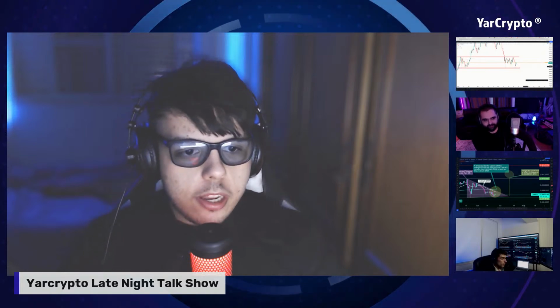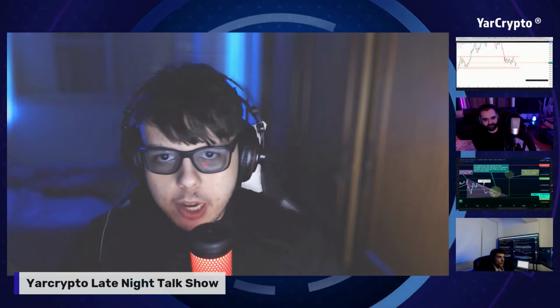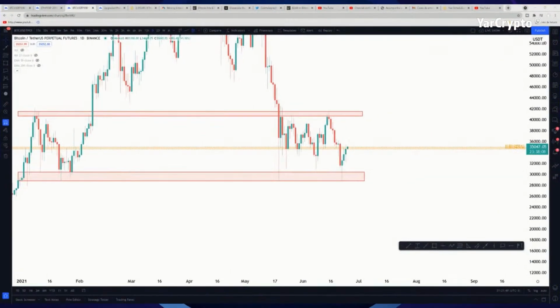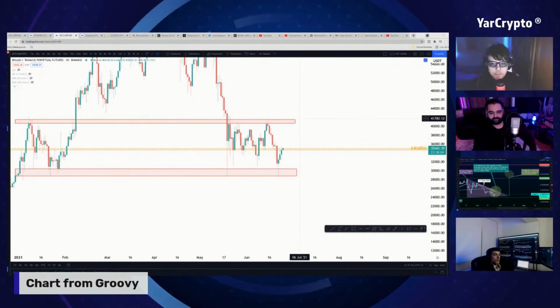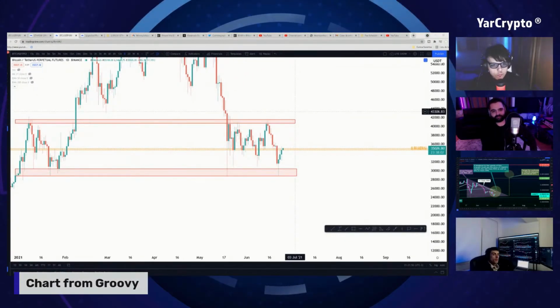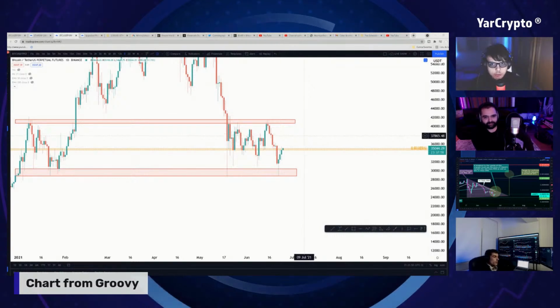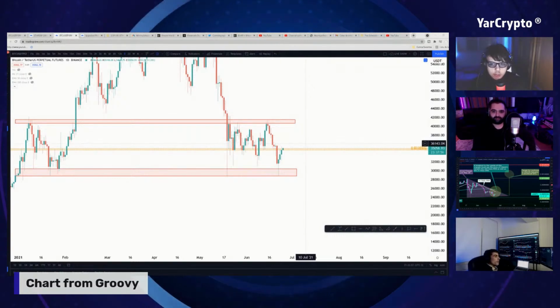If I can bring up my chart here, you can keep the cams as well. Absolutely. Something really interesting that I was talking about is this little strategy that I have for managing risk and managing reward.